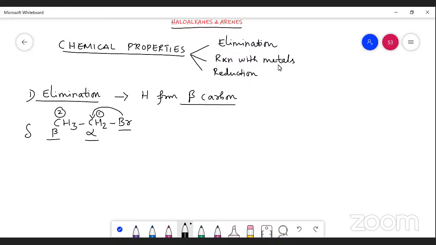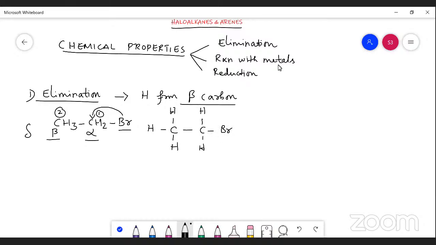Here this methyl group is the beta carbon methyl group. For simplicity, I can write the hydrogens like this: CH3, C with single bonds to H, H and H, and next CH2, C, H and Br.